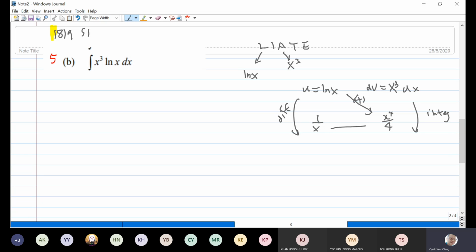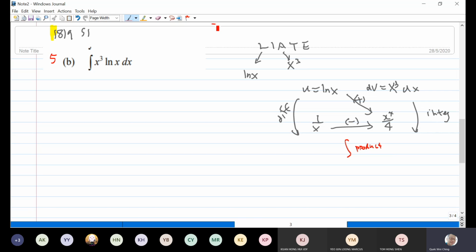Then horizontal arrow, minus sign, right? When you stop, you cannot continue anymore, so you draw a horizontal arrow. The horizontal arrow means you have to integrate the product now. So how to find the answer now?